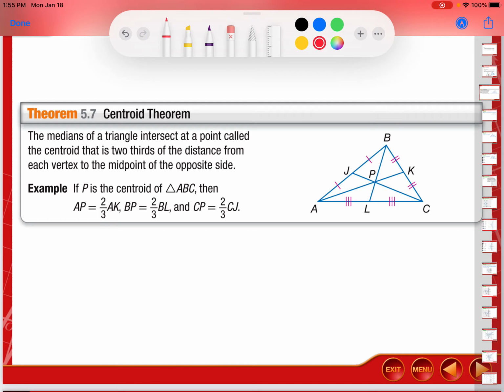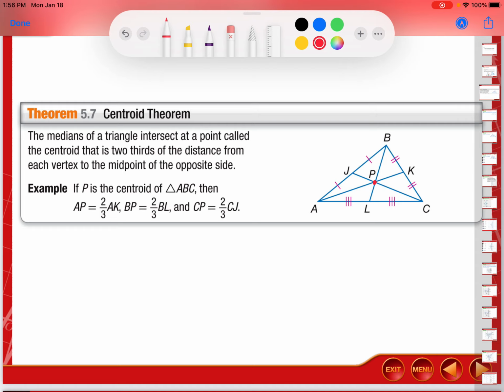The medians of a triangle intersect at a point called the centroid that is 2/3 of the distance from each vertex to the midpoint on the opposite side. So if P is the centroid in this example, then AP is 2/3 of AK, BP is 2/3 of BL, and CP is 2/3 of CJ.